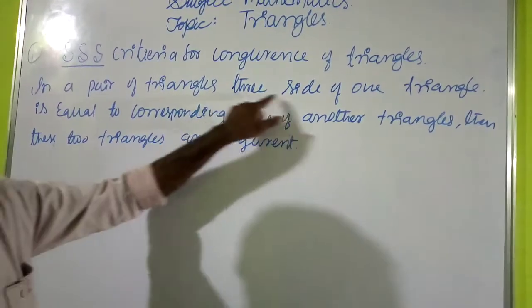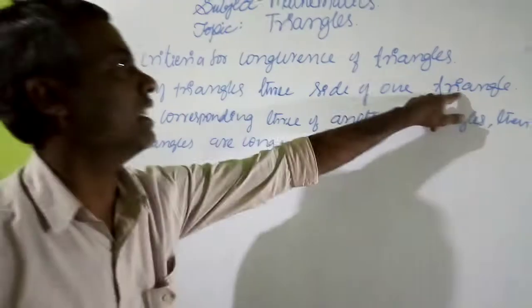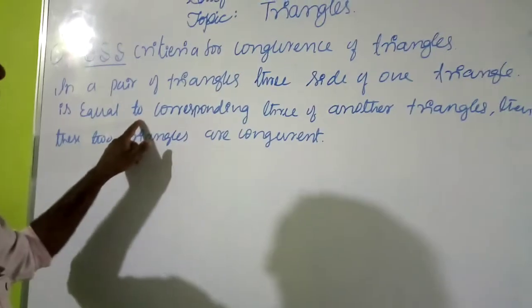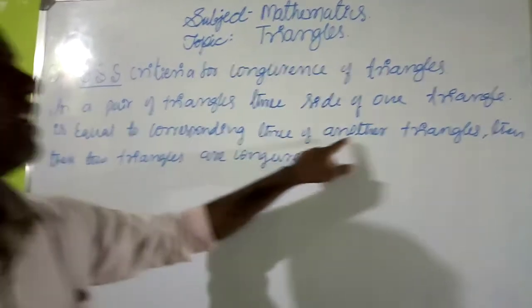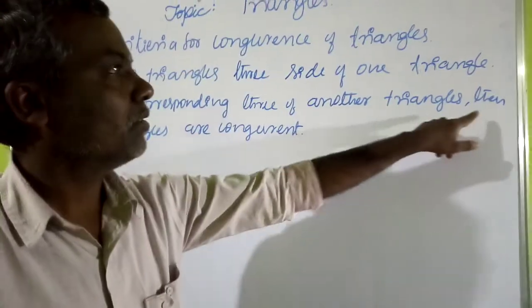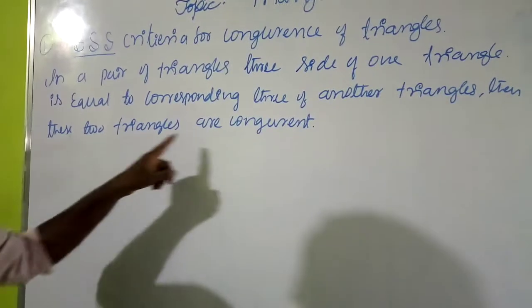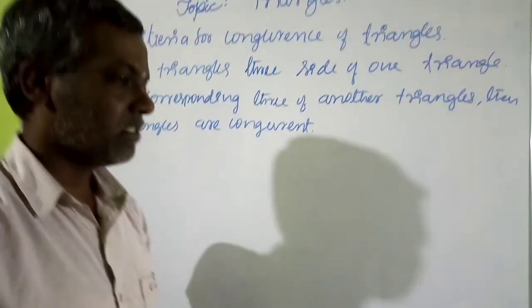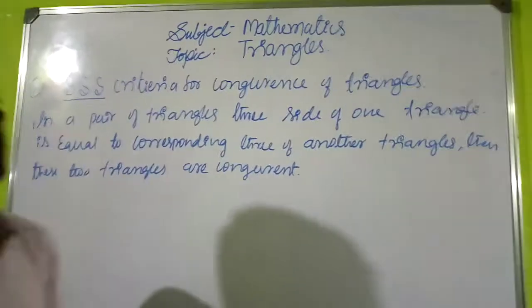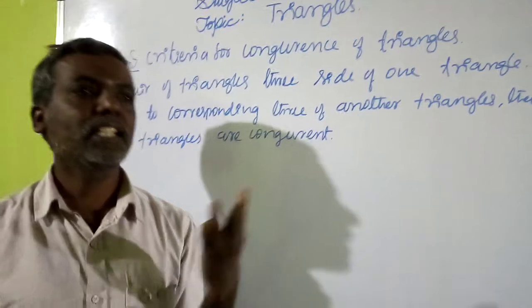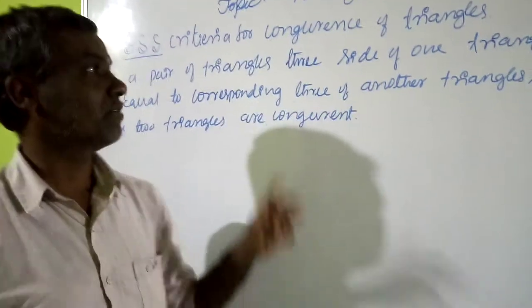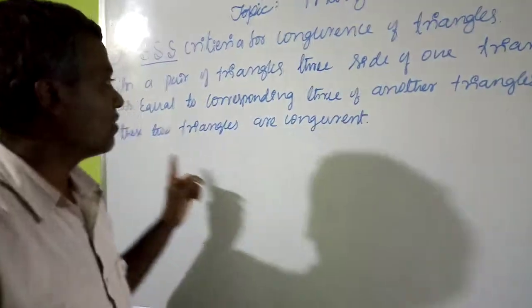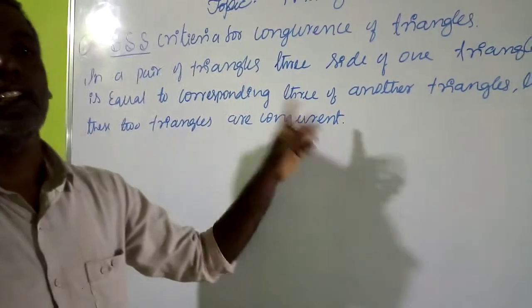The three sides of one triangle are equal to the corresponding three sides of another triangle. So then we should say these two triangles are congruent. Here, if the three sides of one triangle are equal to the corresponding three sides of another triangle, then we should say these two triangles are congruent.